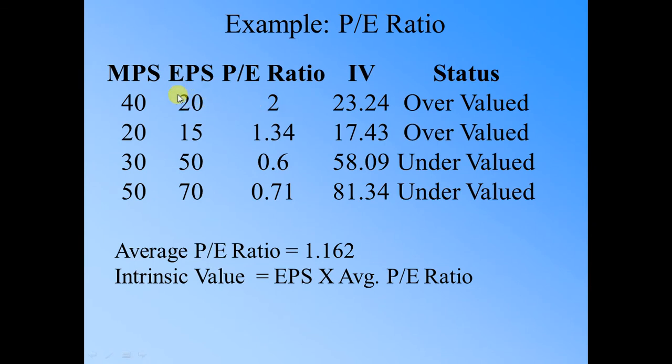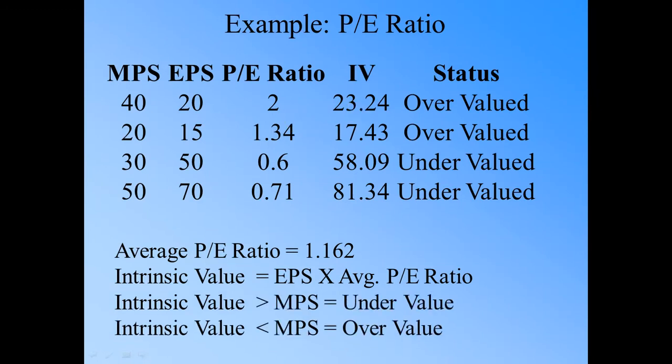So this is the earning per share, 20 multiplied by 1.162, 15 multiplied by 1.162. Now you can see that in this case the intrinsic value, the worth of the first firm, is 23 while the market price of the share is 40. So you can see that it is overvalued in the market.